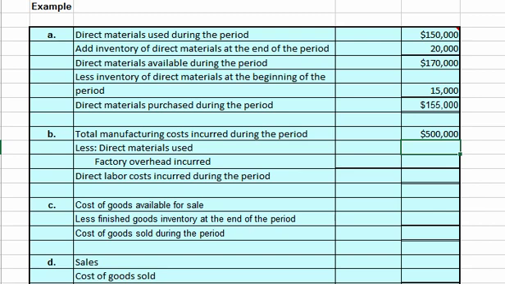I'll be consistent and use the one from above, 150,000. Put that over here, though. I believe they put it in this column. And then our factory overhead incurred, let's say 130,000. Then they'd add those two together. Gives you 280,000.